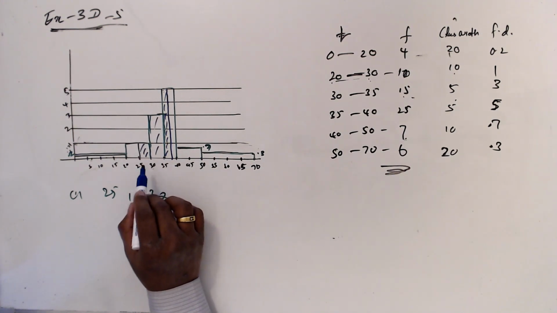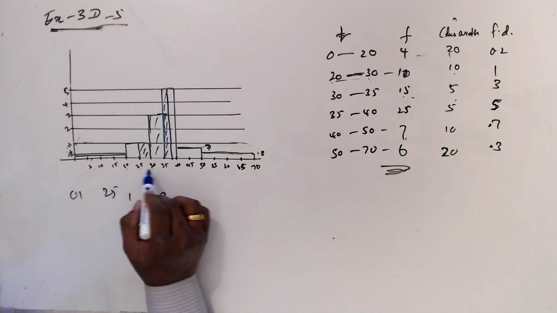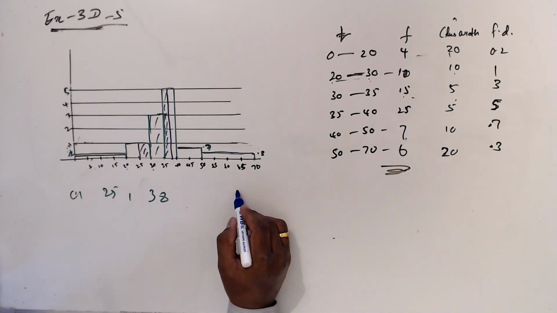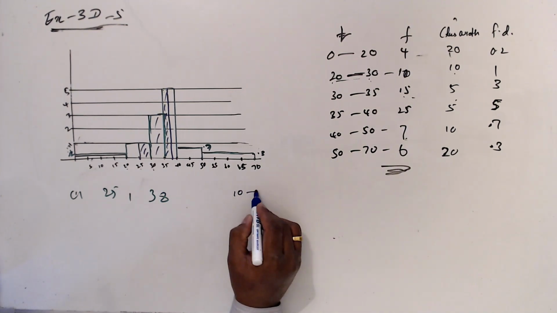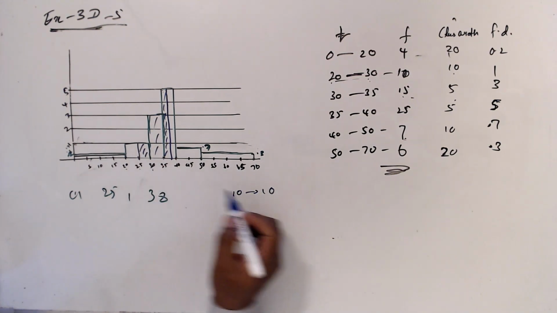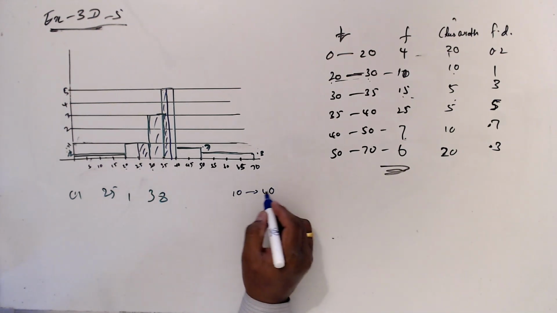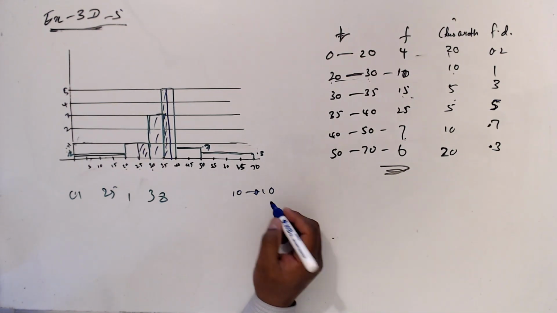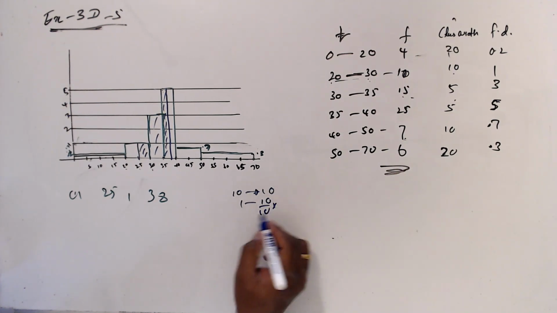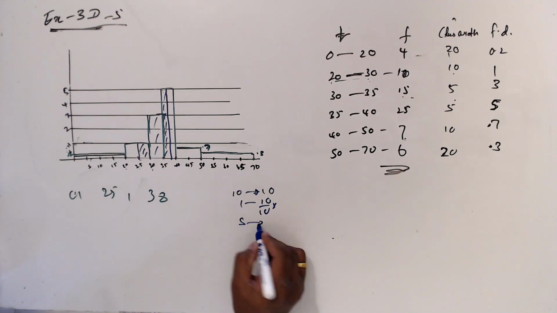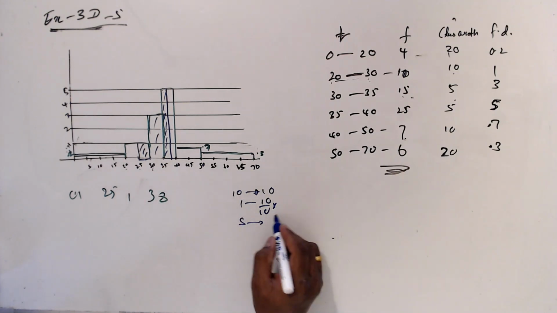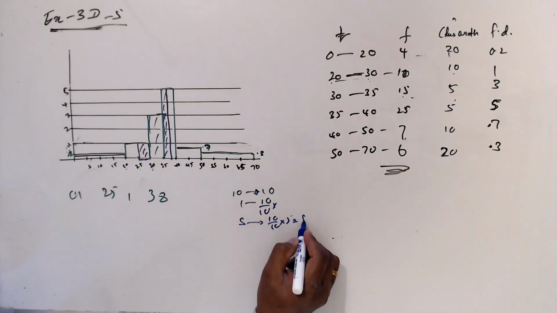Now 20 to 30 represents 10. This 10 is represented by 10 over 10, and we need 5, so it's going to be this 25 to 30. 10 over 10 times 5, 5.